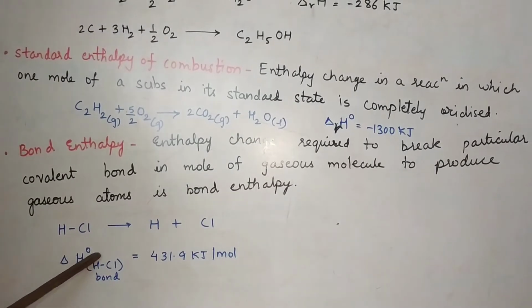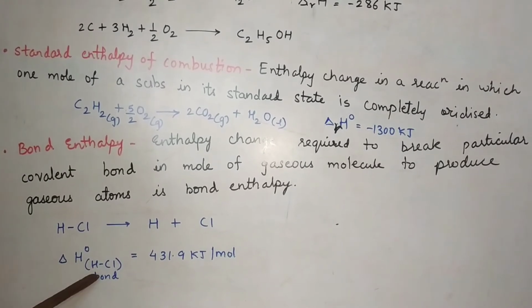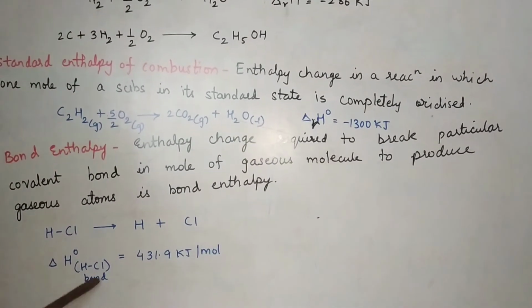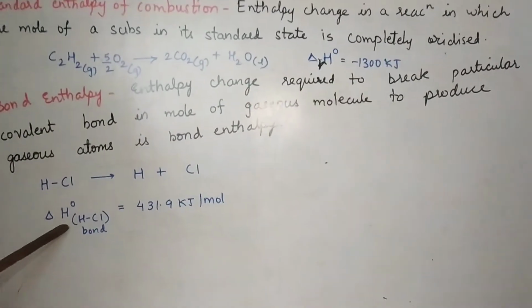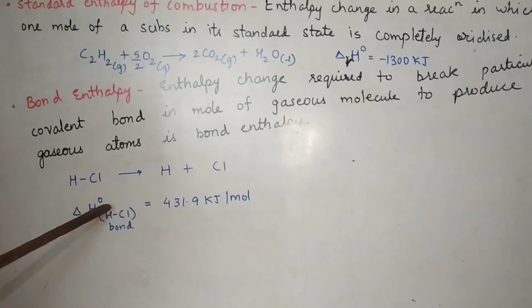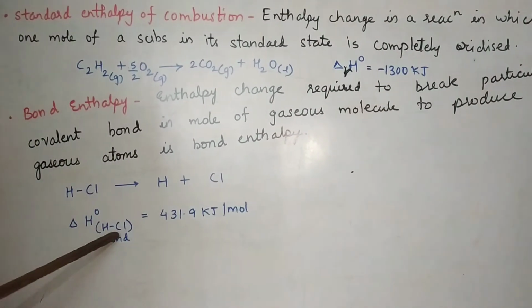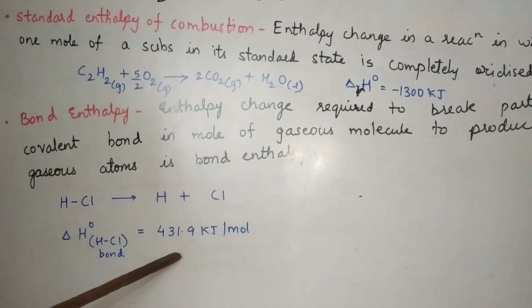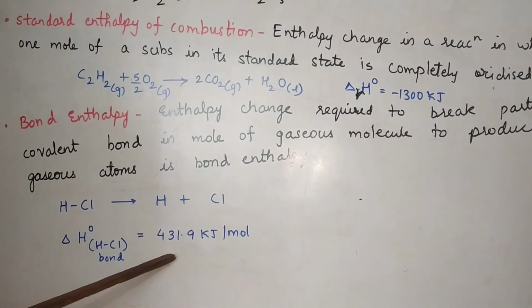So bond enthalpy values लिहिताना आपण कसं लिहितो? डेल्टा H and खाली HCl bond. हे मला काय इंडिकेट करतोय की दिस इज स्टँडर्ड बॉन्ड एन्थॅल्पी बिकॉज 0 आलाय वरती. दिस इज स्टँडर्ड बॉन्ड एन्थॅल्पी ऑफ HCl बॉन्ड. हा HCl बॉन्ड ब्रेक करायला इतकी एनर्जी ही लागणार. So this is the concept of bond enthalpy.